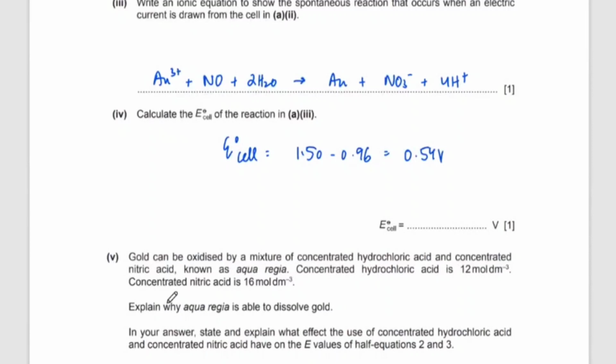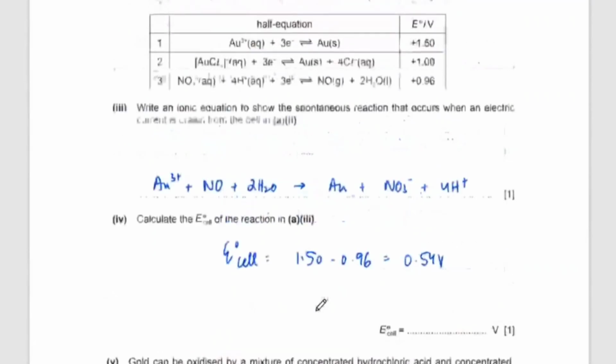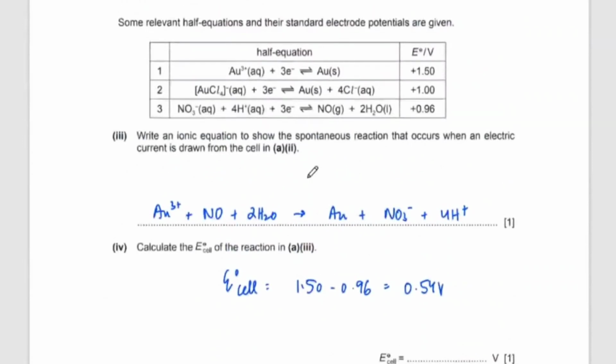So he's saying explain why aqua regia is able to dissolve gold. You've got to justify that. Gold dissolves when you have a mixture of HCl and HNO3, and these two happen to be very concentrated.